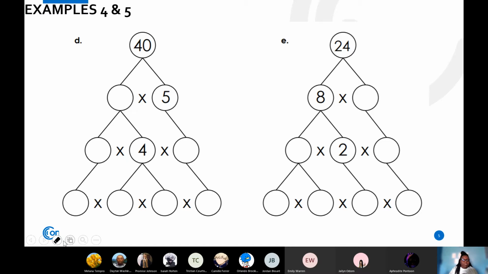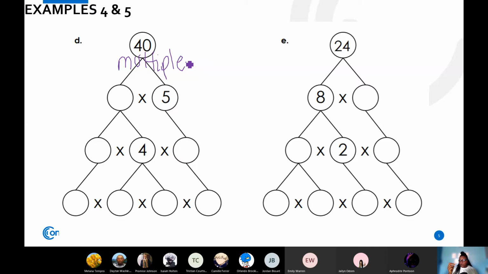So can someone please turn on their mic and tell me, what would I call 40? How would I describe the number 40 in this factor tree? It's a multiple, very good. This also has a lot of factors. In other words, there are a lot of numbers that can be multiplied by one another to reach 40, to equal 40.